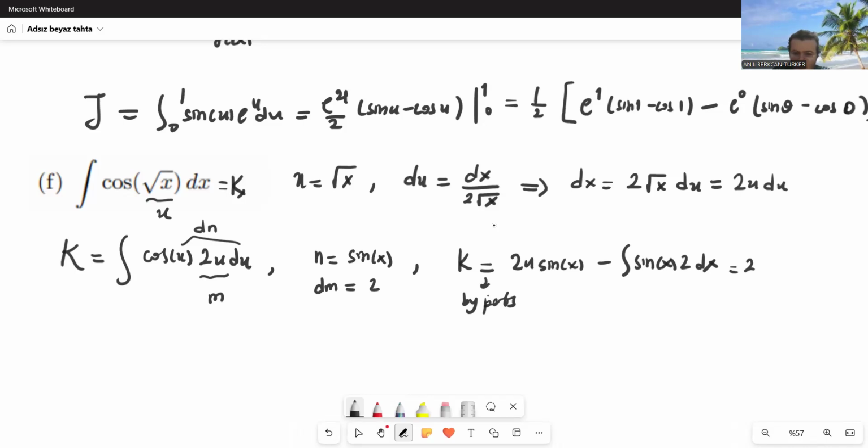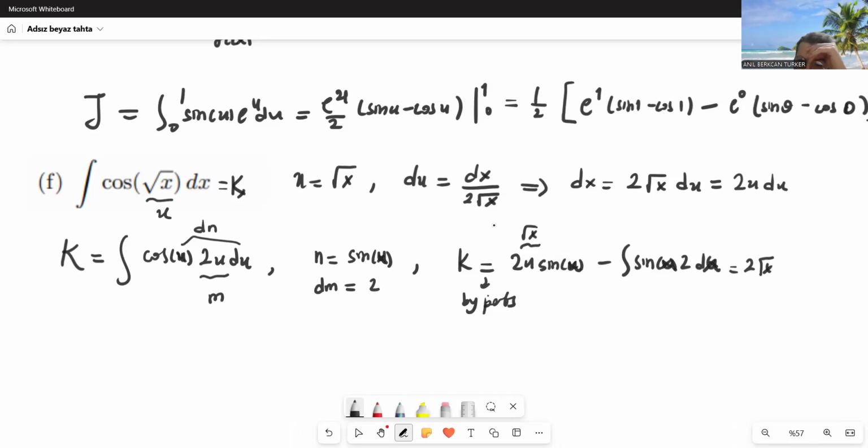So this integral is then 2u sine u. By the way, u is just square root of x. Ah, by the way, this is not x, this is u. There are some typos. So this is also u.